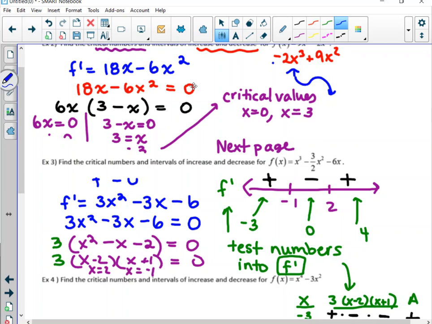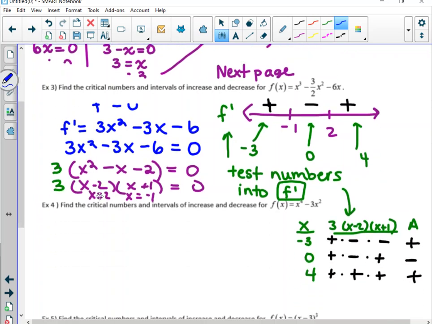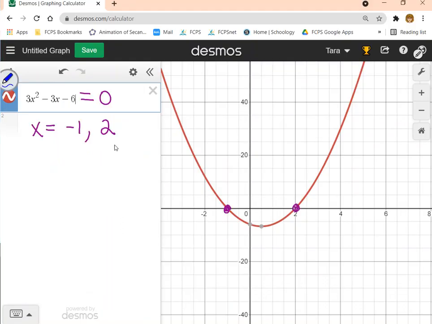That told me 0 was a critical number, or 0 was a place where there was a turn. Because my critical numbers are at 2 and -1, I know that's where the turns are. So that's where the transitions are between increasing, decreasing, or decreasing, increasing. And this is always kind of our fallback position, but you have to make sure you're looking at the right thing.